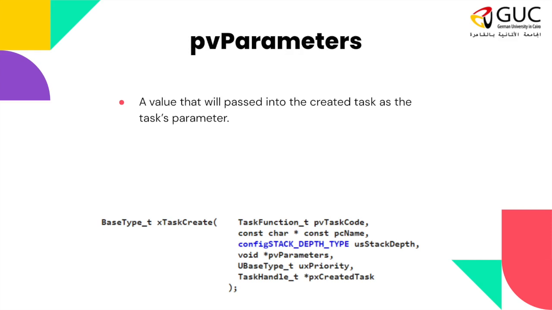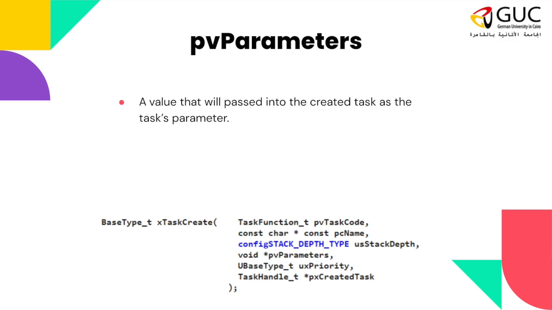So I will say xTaskCreate. The first thing I will put is the implemented name, which is display. The second parameter is a human-readable name, so I'm going to call it print some text. Then the stack depth, I will give it, for example, 1000 words. Then fourth, I will provide it with the text that it should print, for example, hello world.